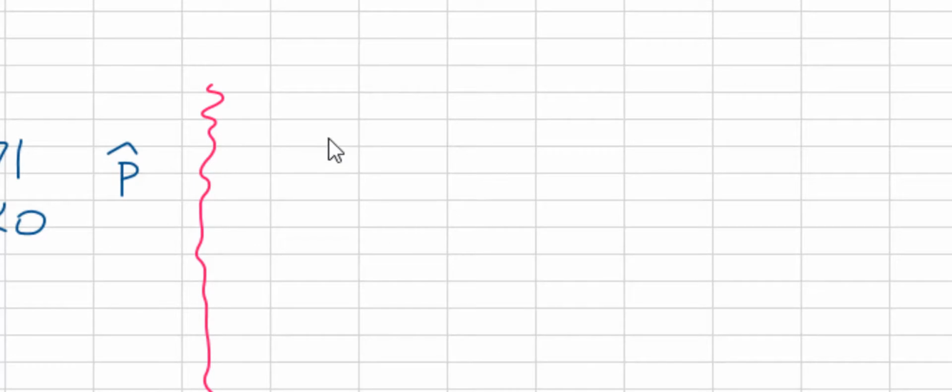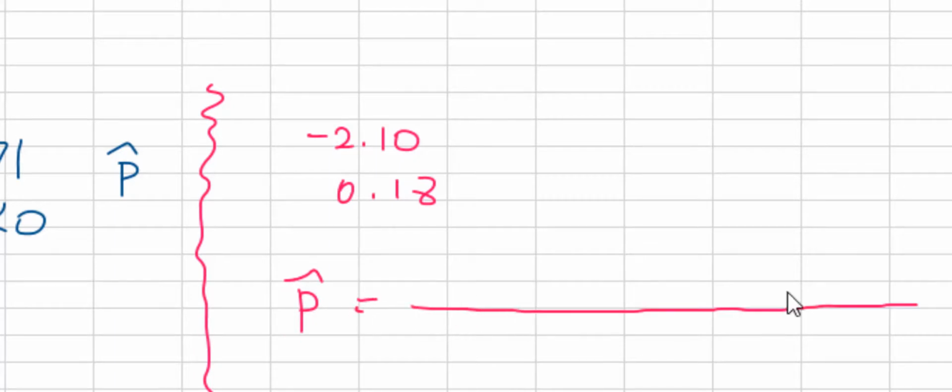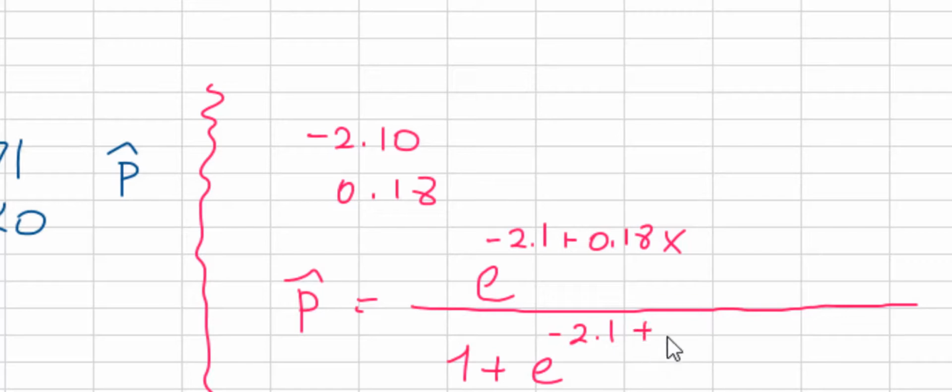Now let's consider the logistic model. Let's assume that the intercept from the logistic model is negative 2.10 and the slope coefficient is 0.18. So if we want to predict the probability, we will use logistic specification: e to the power minus 2.1 plus 0.18x divided by 1 plus e to the power minus 2.1 plus 0.18x.